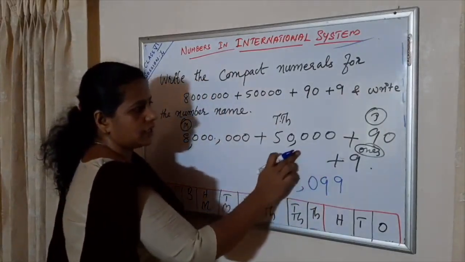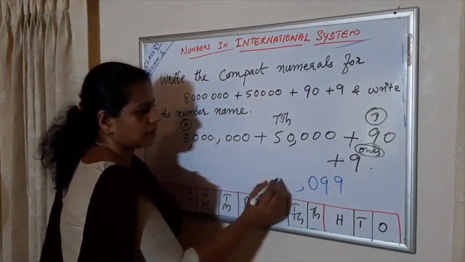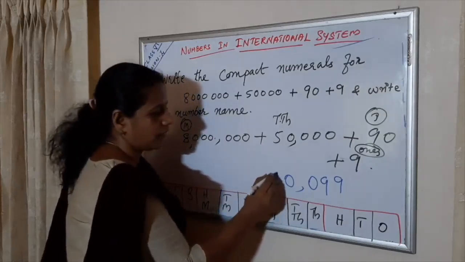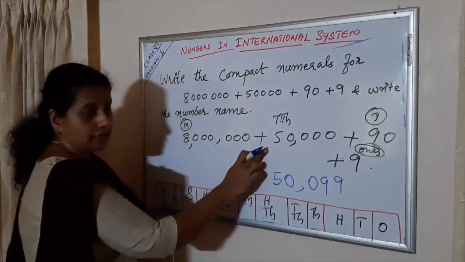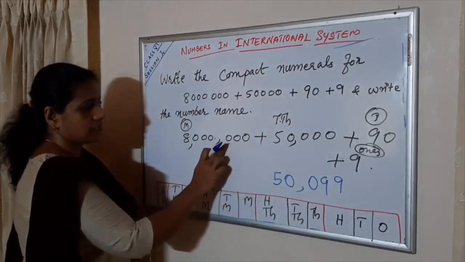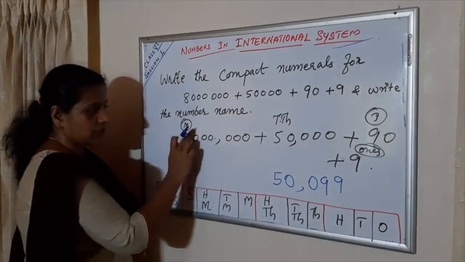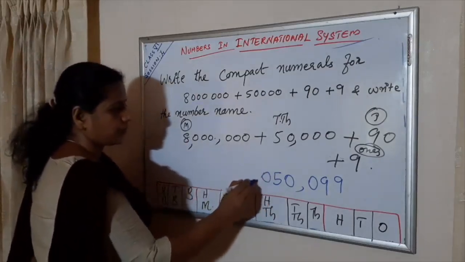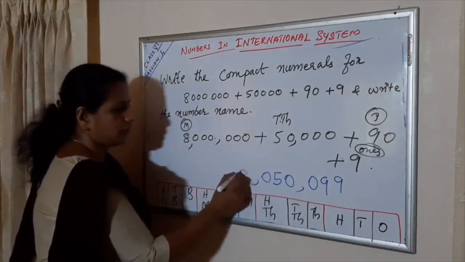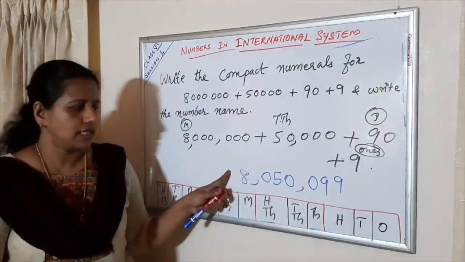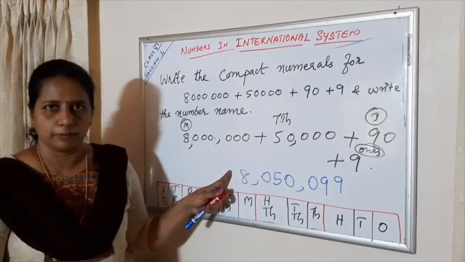After that 1000 nothing is there. Put 0. Then 10,000 5. Then 100,000 place is there. It is also 0. Then next one million. So this is our international system of given number.